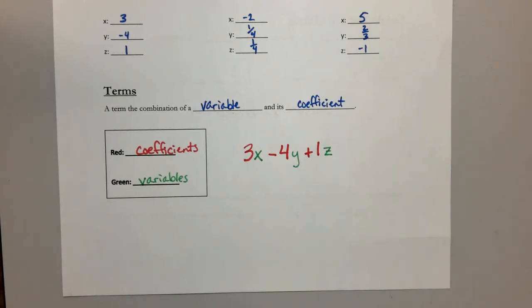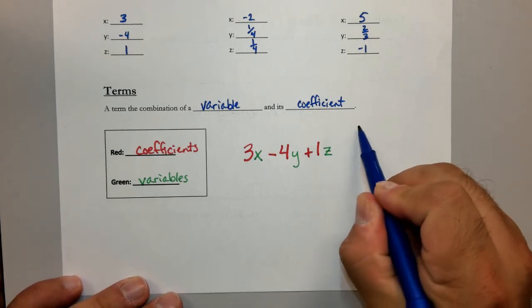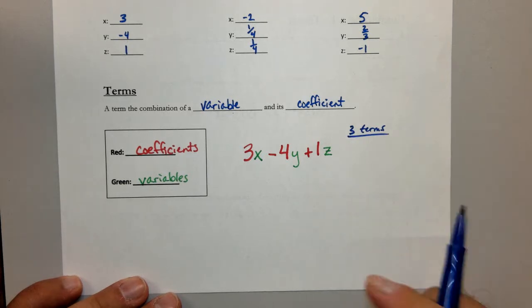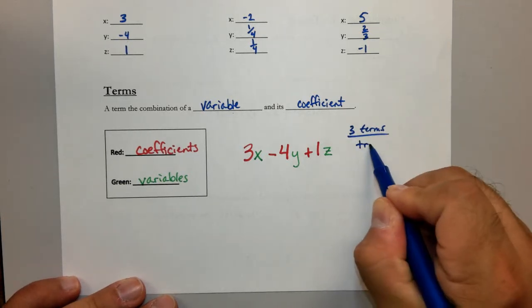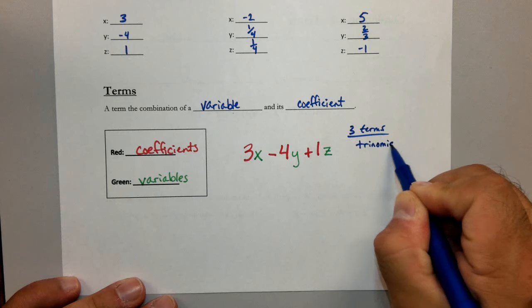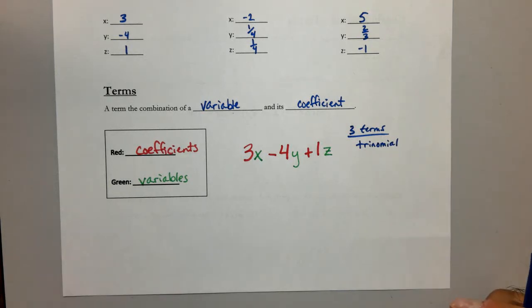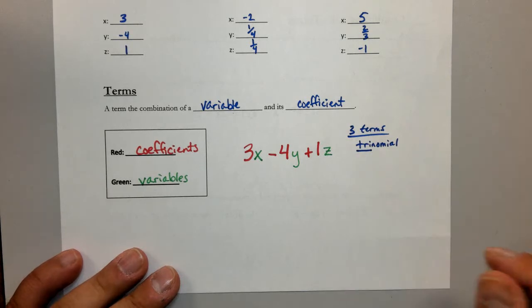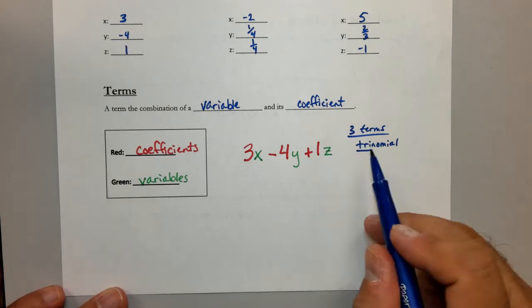So this is a 3-termed expression. So this has 3 terms. And we call anything that has 3 terms a trinomial. And while that name we'll come back to later on in the year when we deal with specific ones like quadratics, that just means 3. Tri, like tricycle, means 3. So this is a 3-term.